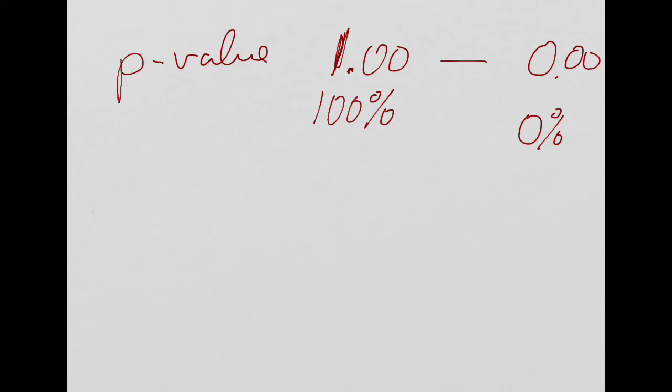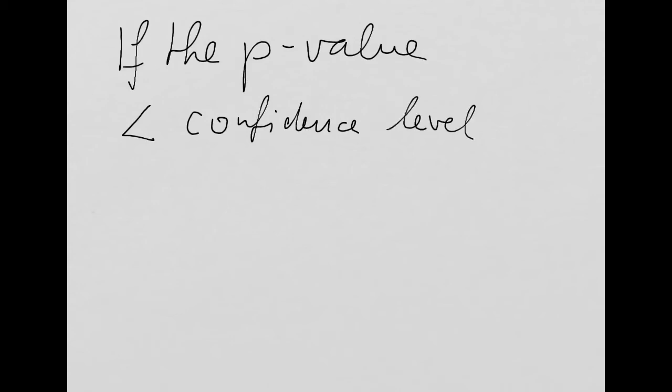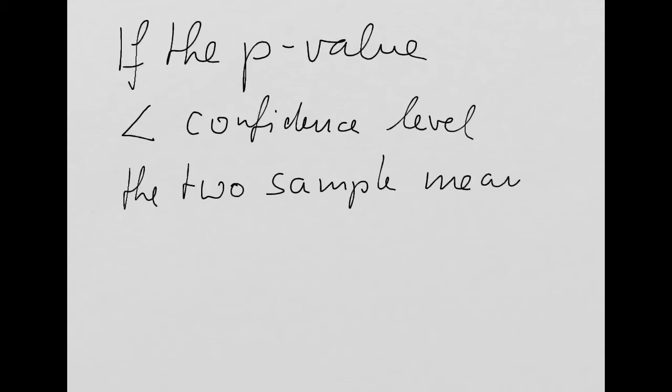And the rule is, I want to write that down: if the p-value that we get from the t-test is smaller than our confidence level, then the two sample means are different.